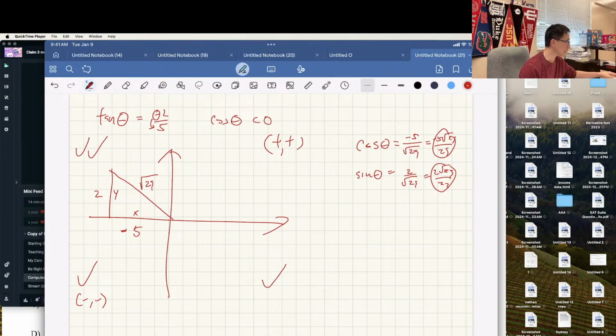We've got 3 minutes left. I want to write down some identities for you. It's called the co-function identity.